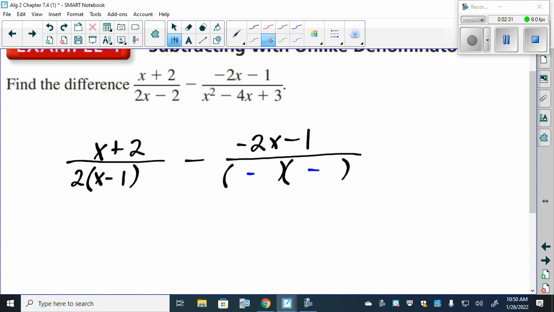And the factors of x squared, our first term, are going to be x and x. And the factors of 3 are 3 and 1 or 1 and 3, because those are the only factors of 3. So the x squared minus 4x plus 3 will factor to x minus 1 times x minus 3.